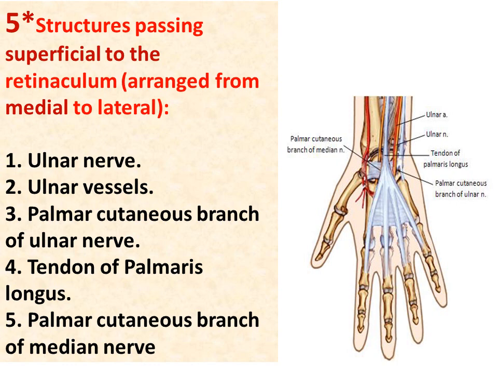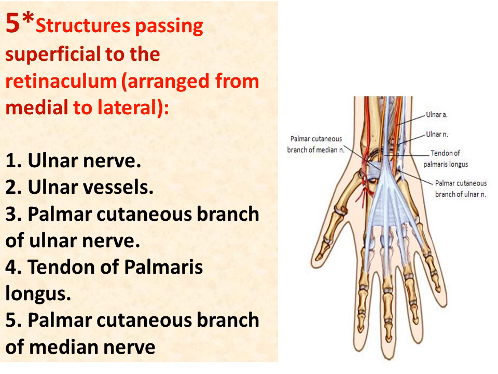What about the structures passing superficial to the flexor retinaculum, which is an important point for MCQ questions? Two ulnars, two palmars, one tendon. Two ulnars. From medial to lateral here we have the yellowish ulnar nerve, the reddish ulnar vessels.